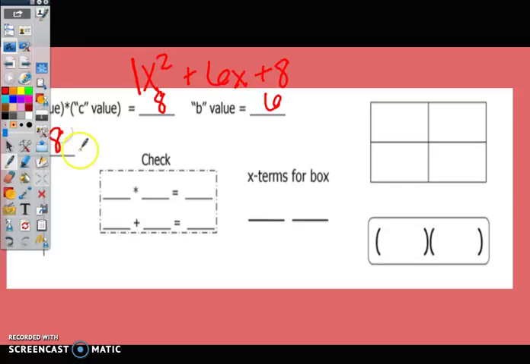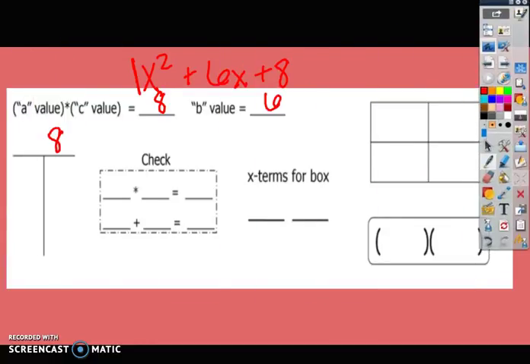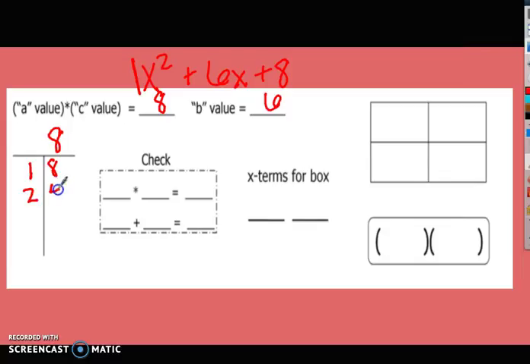Alright. What gives you 8? 2 and 4. Anything else? What about negative 2 and negative 4? Negative 1 and negative 8? Does that work? Okay.